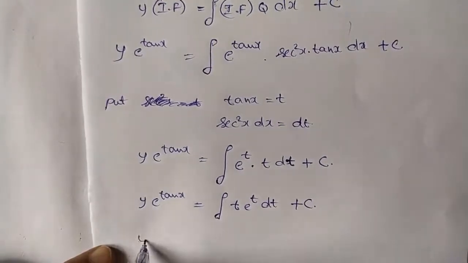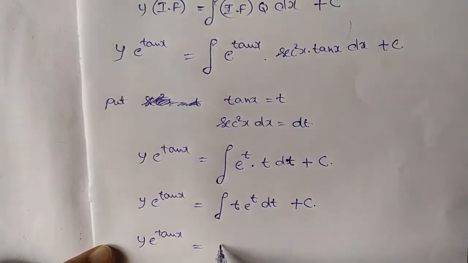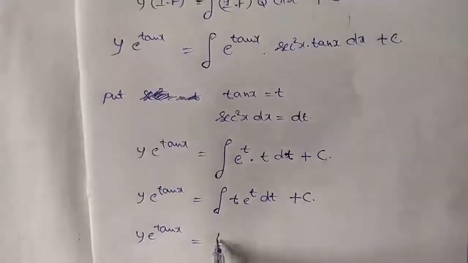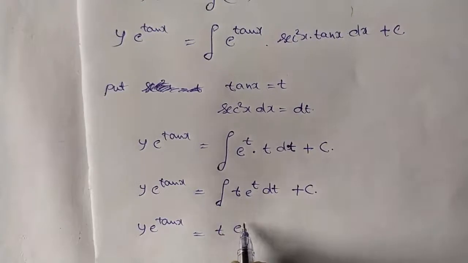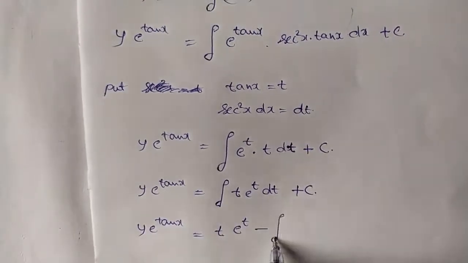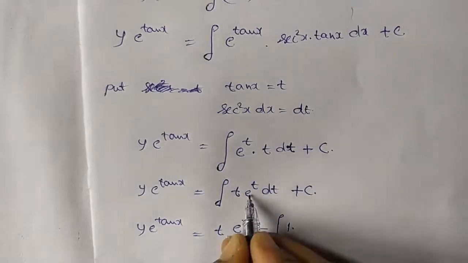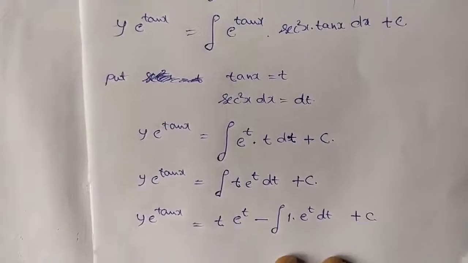Y into e power tan x equals first function into integration of the second one. Integration of e power t is e power t, minus integration of differentiation of t, which is 1, into integration of e power t, which is e power t, dt plus c.